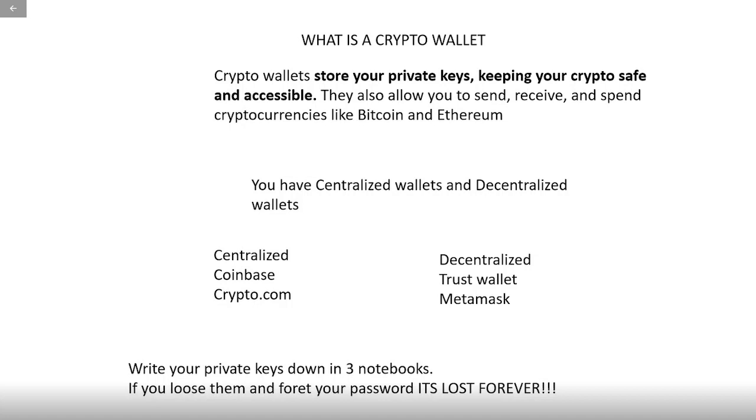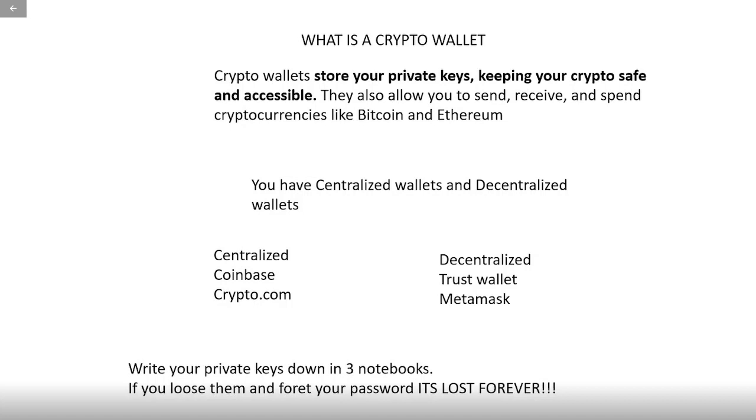You can send crypto assets from your wallet, and you can receive crypto assets to your wallet. Some crypto wallets, such as Exodus, allow you to convert between assets, meaning you can have Bitcoin or Ethereum and convert inside your wallet to other coins, say Solana or XRP or BNB, which is Binance Coin.